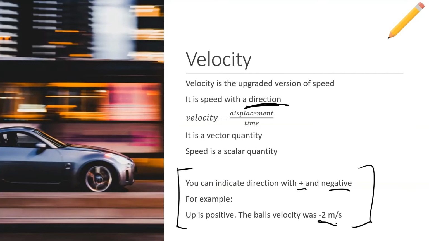That means the ball is going down, because you've said up is positive, so negative must be down. You could say, oh, it's going +5 meters per second. That means it's going up in the air. But you have to define your direction at the start.